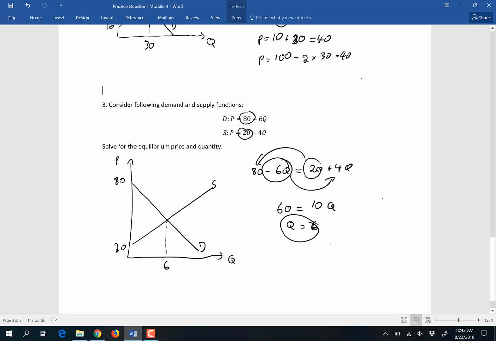Then plug the quantity into either one of the equations up there. Gives us price equal to 20 plus 4 times 6, or 44. Let's double check that. 80 minus 6 times 6, also 44. So indeed, the equilibrium price should be 44.